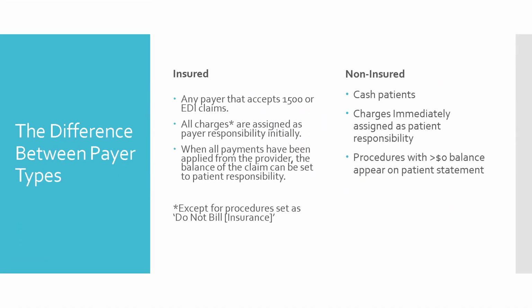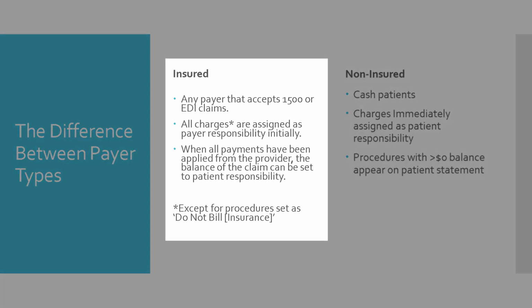Let's review the difference between payer types because, depending on the primary payer, the financial responsibility for the services will be assigned differently. When the primary payer type is insured, all charges set to bill insurance will be assigned as payer responsibility.